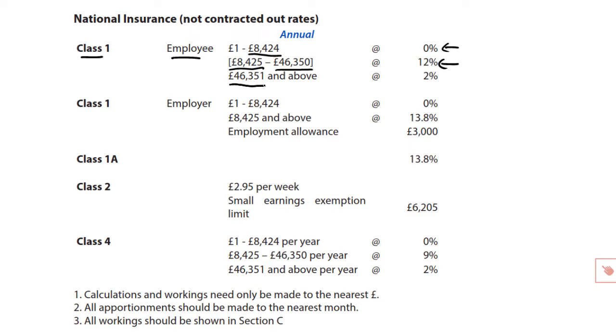Go above 46,350, we reduce to 2%. Obviously, and we'll deal with them as we come to them, we've also got Class 1 for the employer and the various other classes, but again, we'll come to that as we go through our chapter notes. So here, the levels in relation to which we pay the NIC and the rate at which we pay the NIC, that is information provided to us.